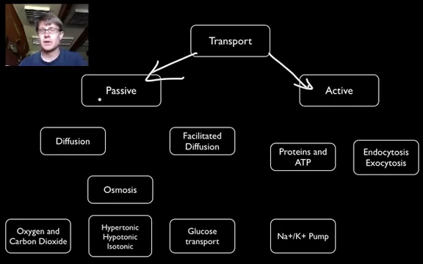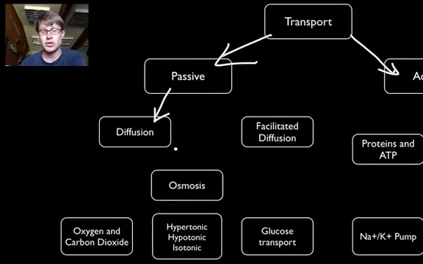The most common form of passive transport that I'll talk about is called diffusion. Diffusion is just that random movement of particles. It's super important because that's how you get oxygen into your body, and that's how you get rid of things that we don't need, like carbon dioxide.